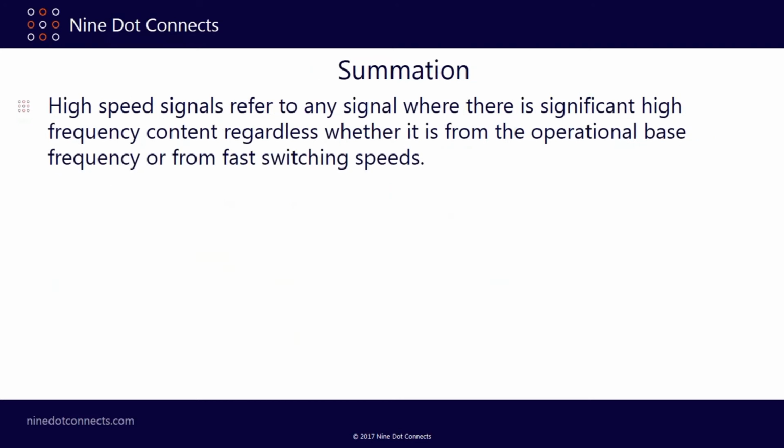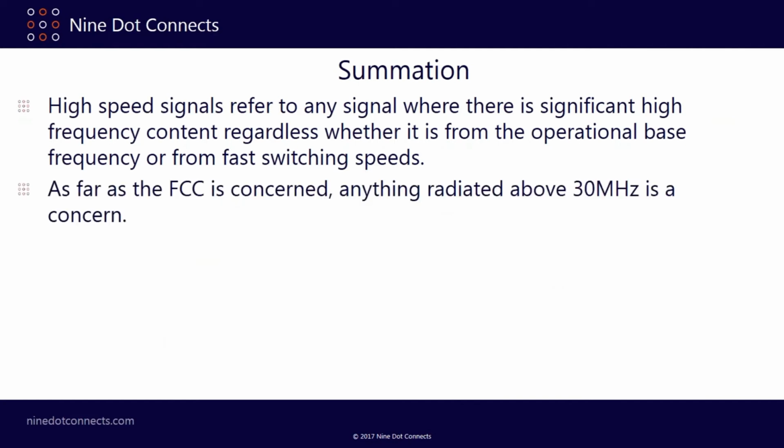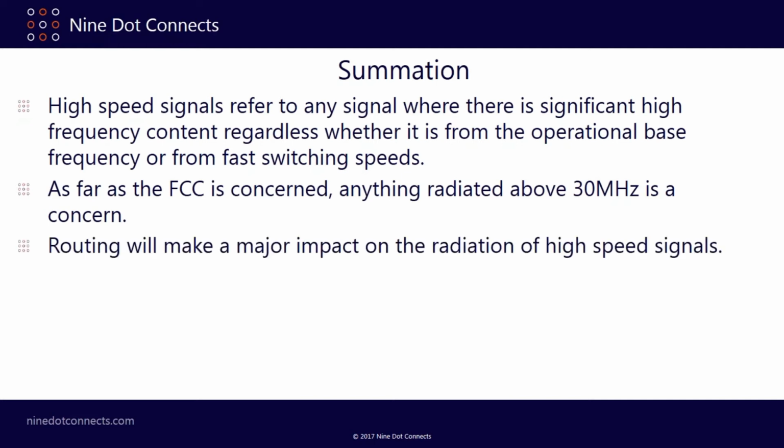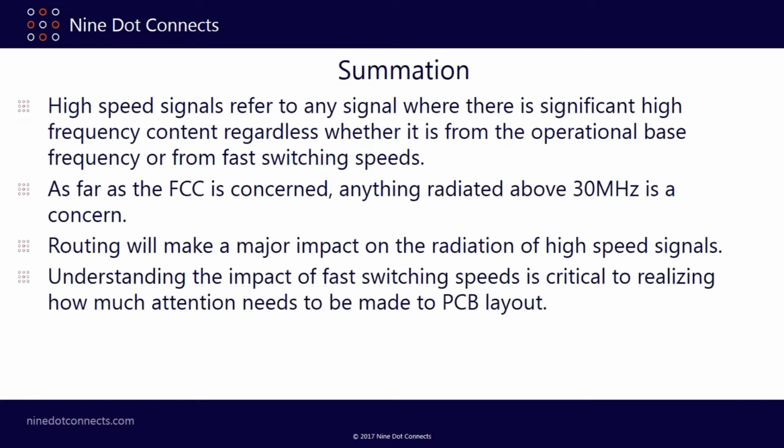In summation, high-speed signals refer to any signal where there is significant high-frequency content, regardless of whether it is from the operational base frequency or from fast switching speeds. And as far as the FCC is concerned, anything radiated above 30 megahertz is a concern. Routing will make a major impact on the radiation of any high-speed signal you have in your product.